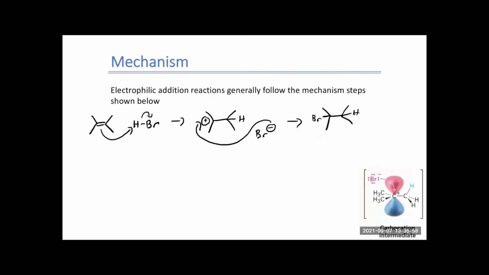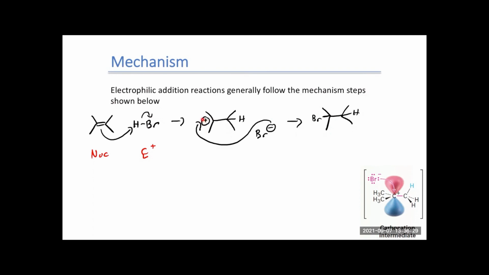So remember with that mechanism, our nucleophilic double bond comes and attacks our electrophile. So our nucleophile comes and attacks our electrophile, which then gives a carbocation. That carbocation can go through a hydride shift or a methyl shift if it needs to be stabilized.